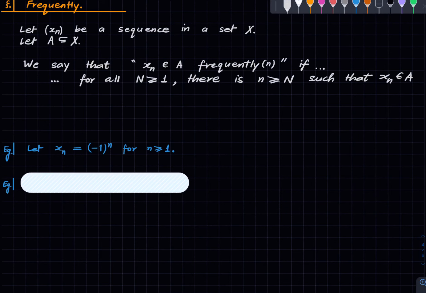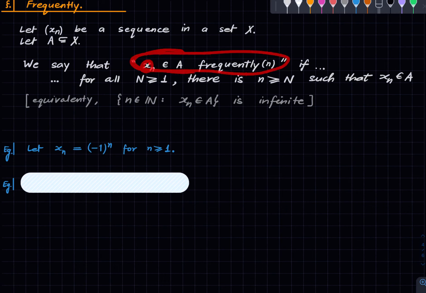So this seems to be a very complicated way of saying the following. Equivalently, if you collect the n's for which xn lies in A, then this is an infinite set. So in terms of the temporal understanding, if you think of the natural numbers as time instants, then this statement is saying that the sequence visits the set A infinitely many times.